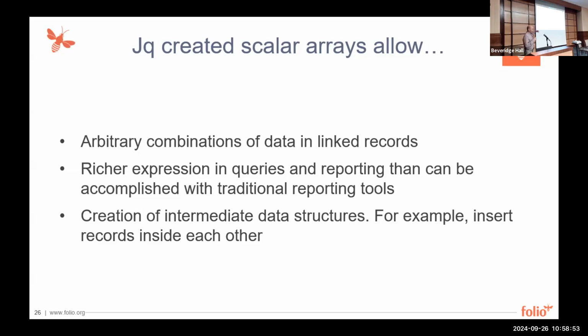The other thing you can do with these scalar arrays is put anything in them. I put the name in, but there's nothing to keep you from putting objects, or JSON objects. It depends on what you need. That's what I say JQ is great for: throwaway things or one-offs. Very, very good for that. And you'll do a lot of that, because that's what library work is, a lot of.